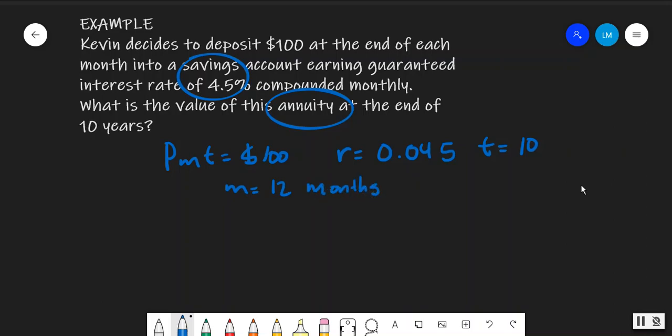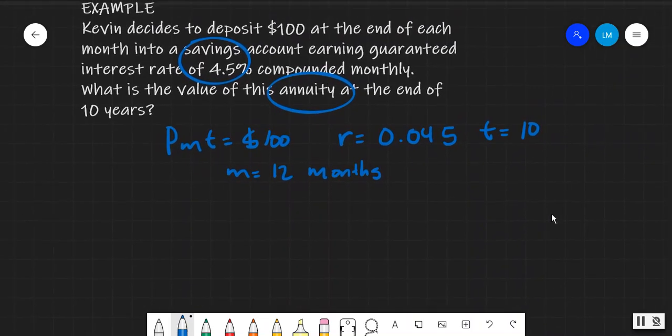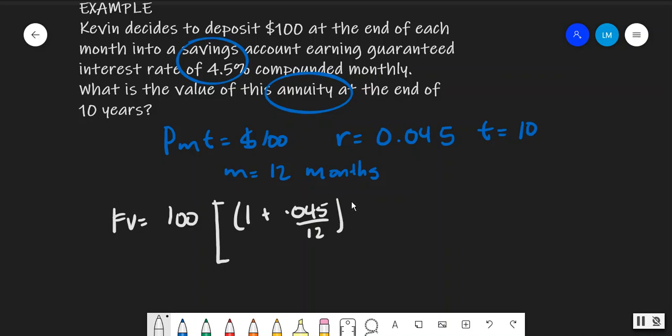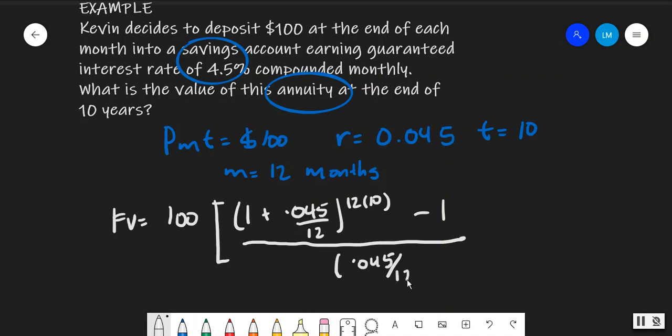Okay, so let's go ahead and put this into practice where we say that the future value is equal to 100 multiplied by 1 plus 0.045 divided by 12 raised to the 12 times 10 minus 1, and all of this is divided by the interest amount, so 0.045 divided by 12.